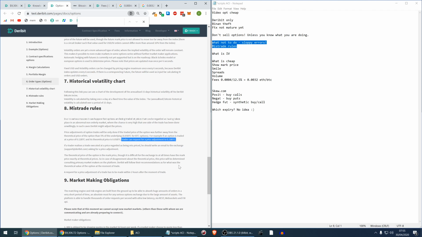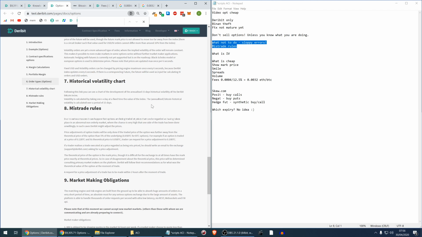But you only have 2 hours to do that. So if this horrible accident happens and you do happen to buy or sell an option at a price you don't like, then immediately contact them and they will reduce your losses.